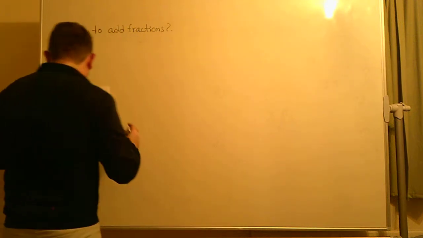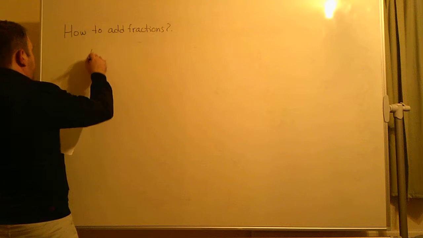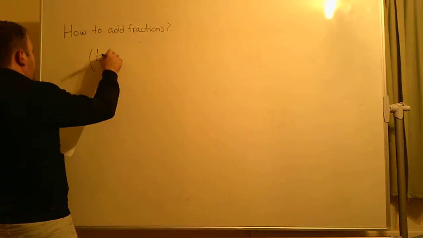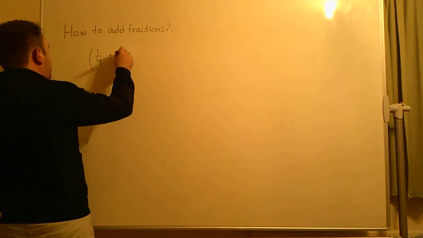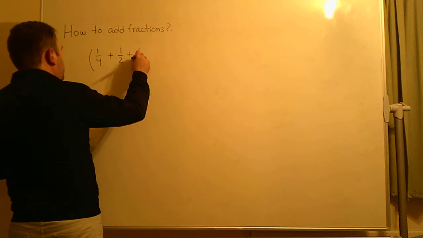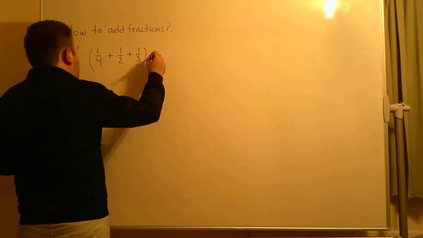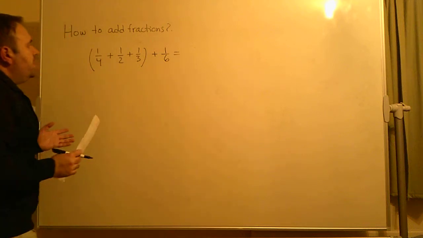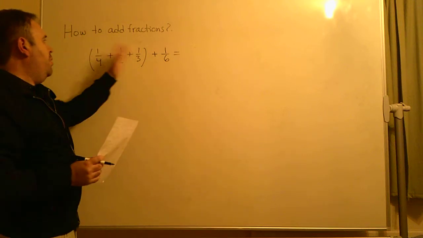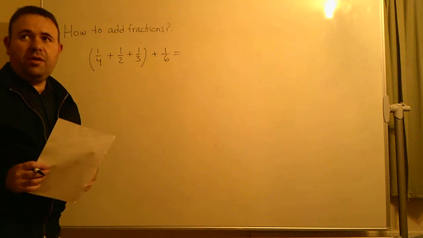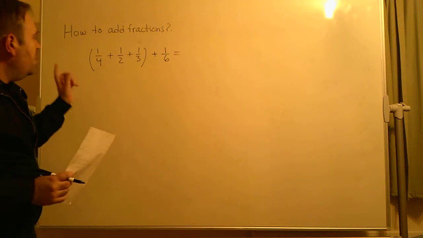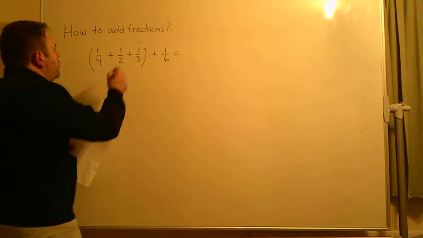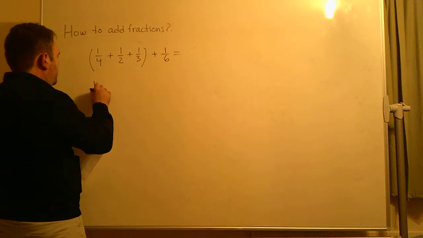And finally, I would like to show you how to deal with brackets like this. When you have something like this, you can forget about the brackets and add them up together, ignoring the brackets, or you can try to sort out the brackets first.